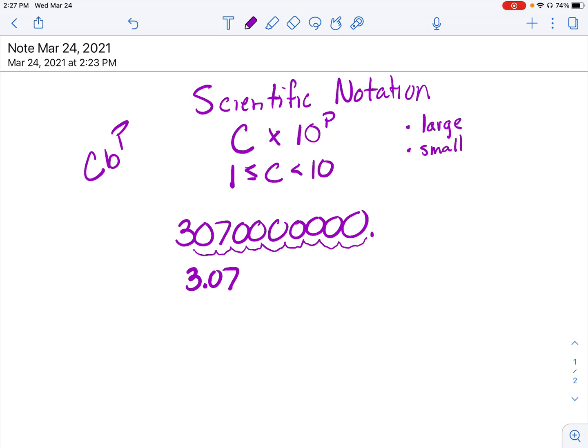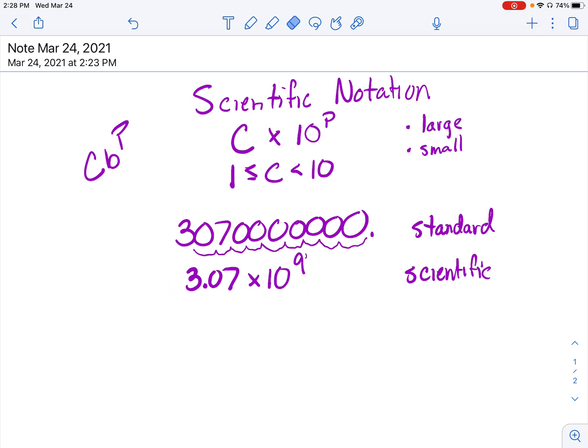So since I moved the decimal 1, 2, 3, 4, 5, 6, 7, 8, 9 places, that is the ninth power of 10. So 3.07 times 10 to the ninth. So this is standard notation, and this is scientific notation. And you can see that, actually visually, now all of a sudden that doesn't look too complicated.